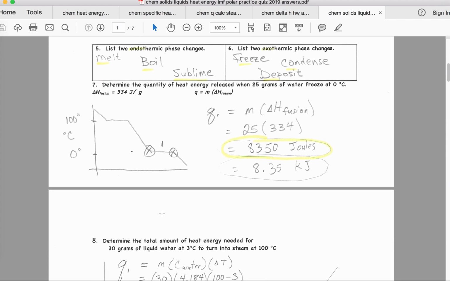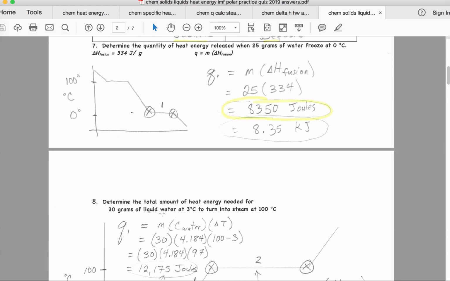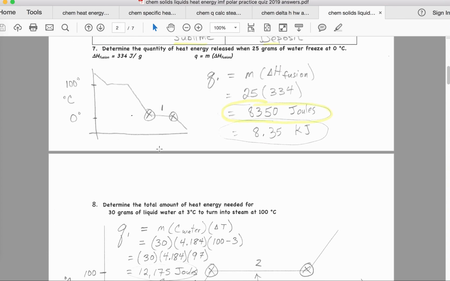The quiz will be set up very similar to this practice quiz. So take a look at number 7 on the practice quiz. Determine Q, this quantity of heat, when 25 grams of water freeze and the temperature flatlines. The temperature doesn't change. The temperature stays at 0.